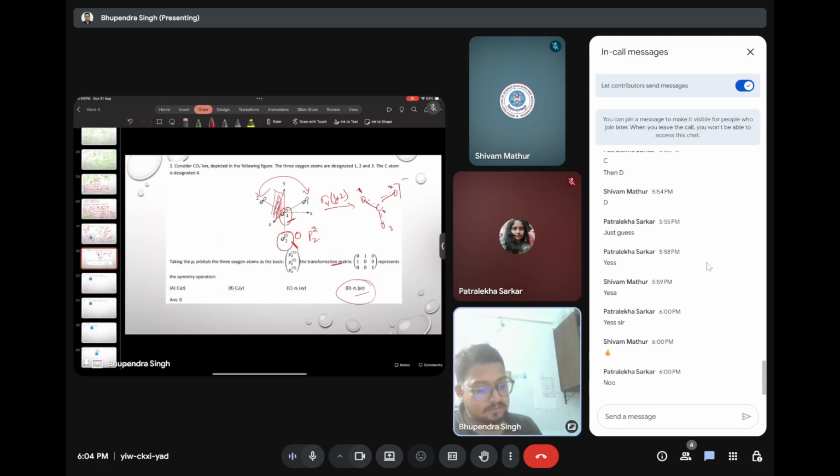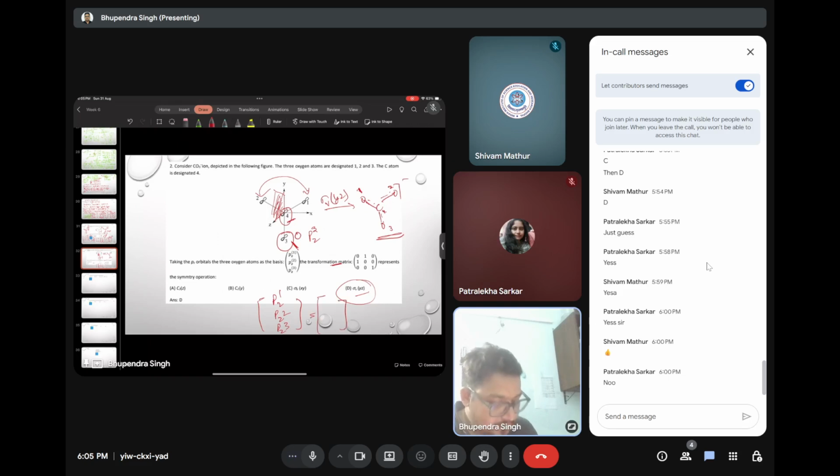This is the new position of the oxygen atoms' p orbitals. Now try to find the transformation matrix. What were the basis? PZ1, PZ2, PZ3.